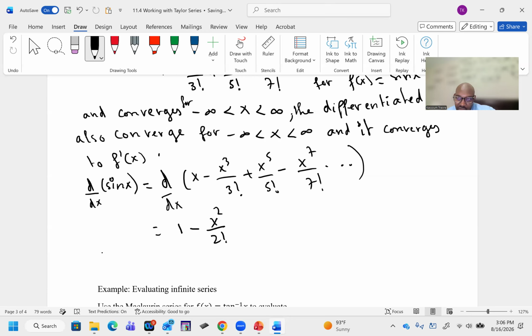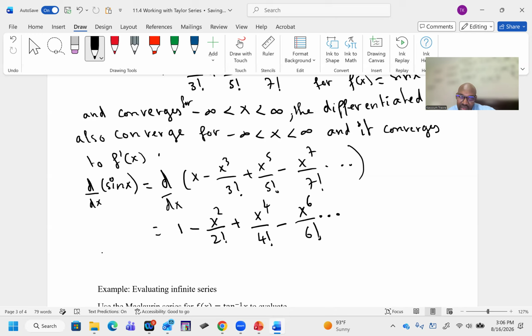It will have 3 times 2 times 1, which is 2 factorial. Same thing here, 5, the power will decrease to 4. 5 and 5 will cancel out, so it will leave 4 factorial, minus x to the power of 6 divided by 6 factorial, and this will continue.